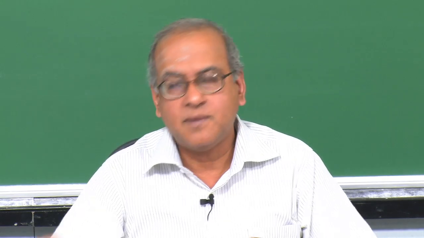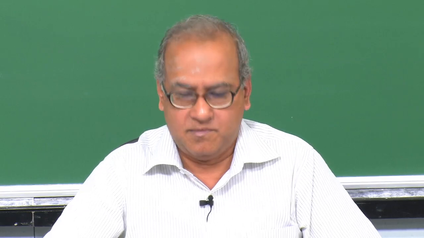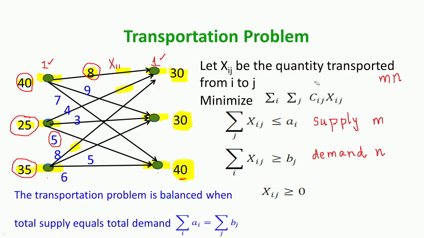So when we solve this problem, if we should meet the demands of all the destination points, the total supply or total availability should be greater than or equal to the total requirement. Only then will we be able to send sufficient quantities to meet all the requirements.